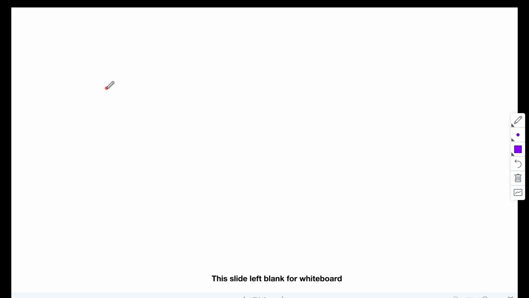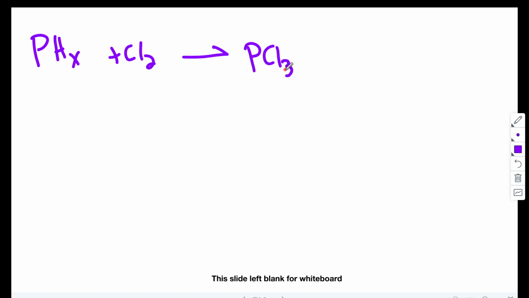So it's essentially saying that we have this equation where x is some number, this is added to chlorine, and altogether this makes PCl3 plus HCl.